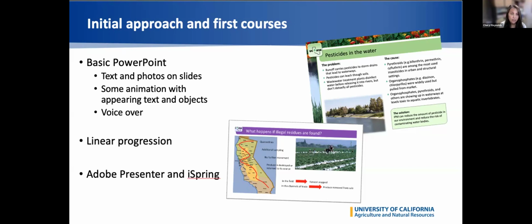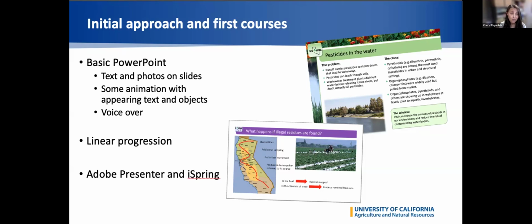With iSpring we were able to experiment with branching and interactions, getting away from that linear approach. With Presenter and iSpring we could save and publish files in a format we could upload to a learning management system, so we could track the learner's progress.